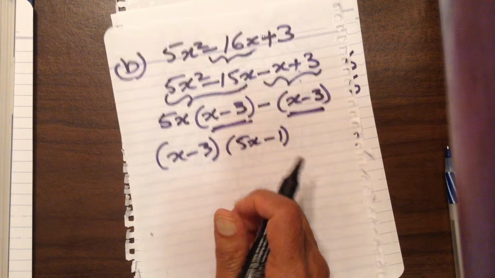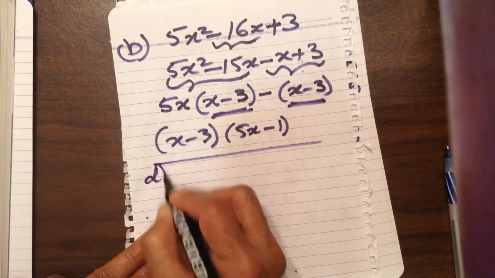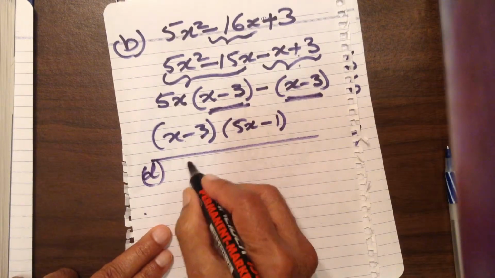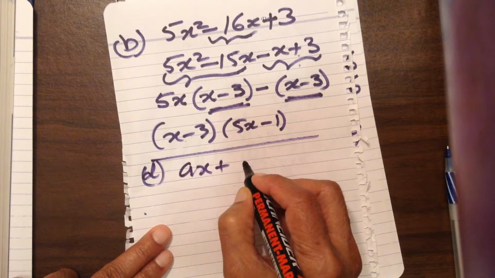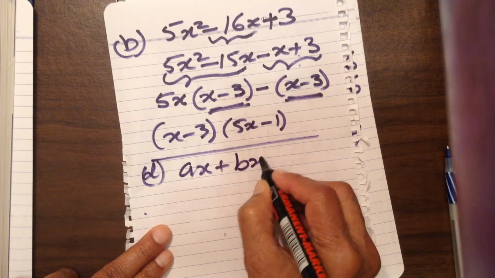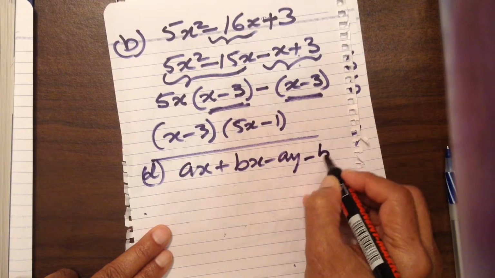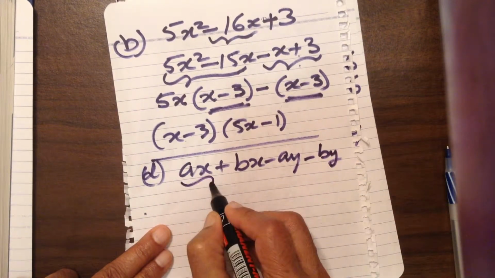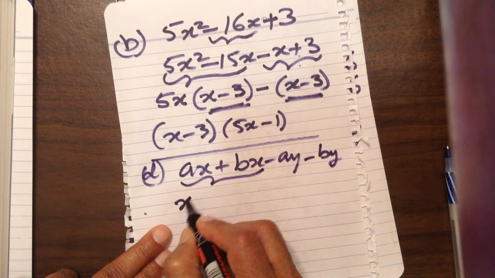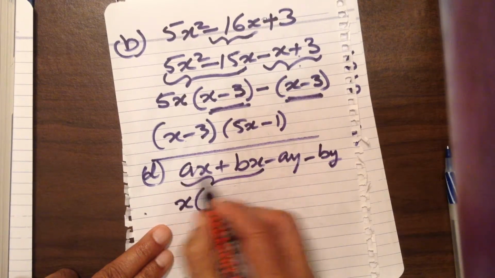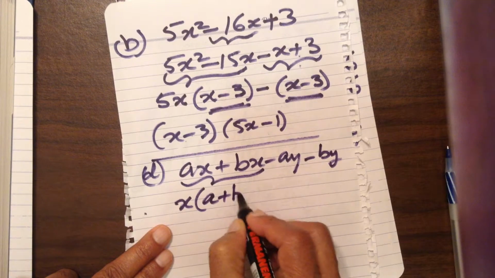Let us do D part, which is interesting. Ax plus bx minus ay minus by. Here x is common, so if I take out x as a common factor, I would be left with a plus b.